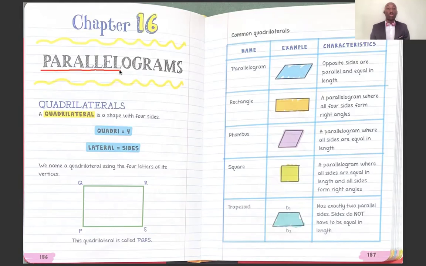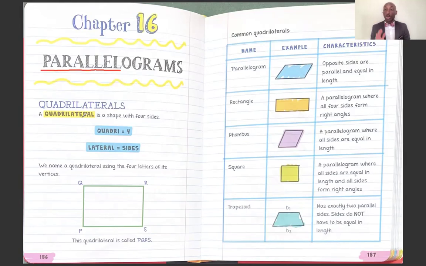Now, if we go back high level, a quadrilateral is a shape with four sides. Very general. If you see a shape and it has four sides, I don't care if they're equal sides, two pairs of equal sides, or all different sides, as long as it has four sides and it is a closed shape, meaning there are no openings, no curves, they're all straight, four sides, it is a quadrilateral.